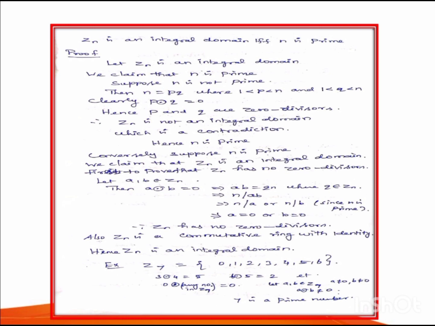Then n equals pq, where 1 less than p less than n and 1 less than q less than n, because p and q are not equal to 1 and n. Therefore p and q belong to Zn, where Zn is the set of all 0 to n minus 1.